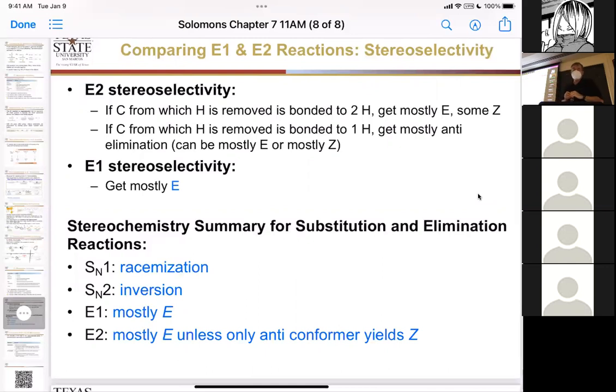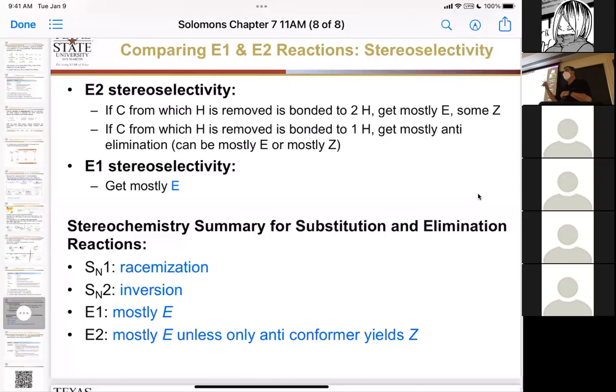Z product, okay? If the carbon has one hydrogen removed, you will get the anti-elimination. So in the first case, you have two choices for hydrogen, but it'll still try to give you mostly E, mostly opposite. If you have a choice, it'll try to give you mostly opposite.